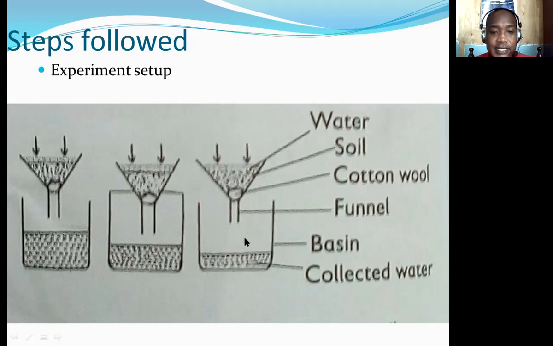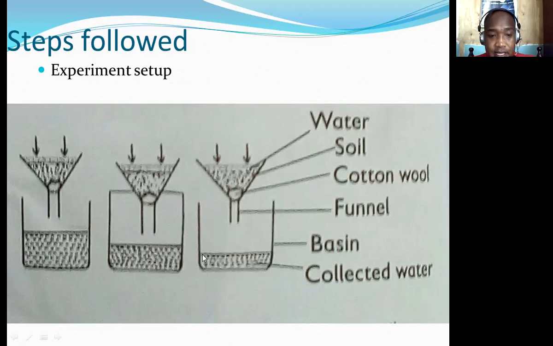The collecting jar is the one which is going to collect water. Then you pour equal volumes of water into the funnels. Lastly, you wait for some time and observe the amount of water collected in each collecting jar.